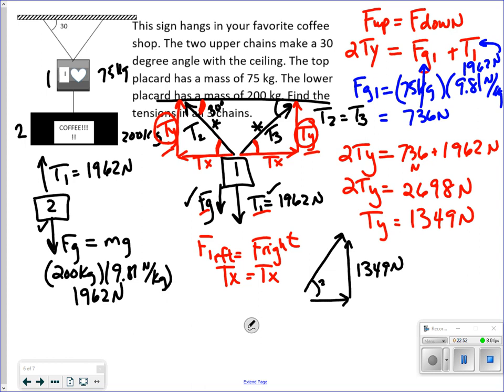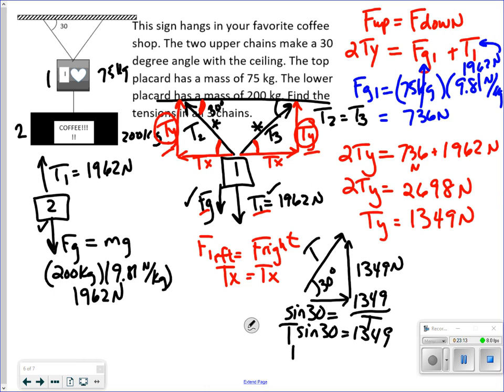This is a 30-degree angle, and this is T. And I know that the two T's for each of the triangles are identical. All right, so this is a sine function. Sine of 30, because it's the opposite side, right? Opposite over hypotenuse. T sine 30 equals 1349. T equals 1349 divided by sine of 30. I'm running out of room.